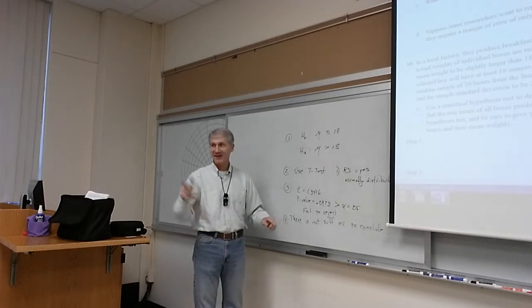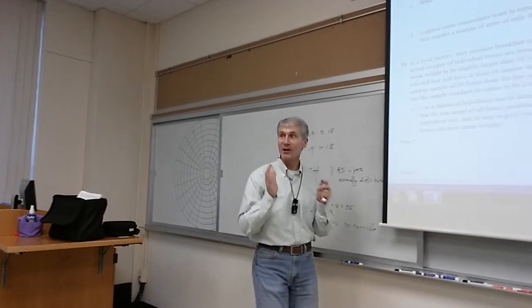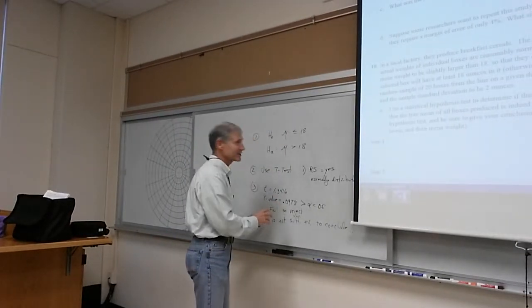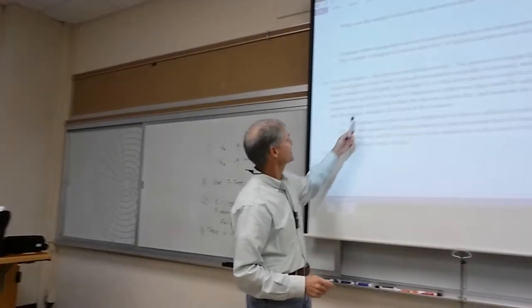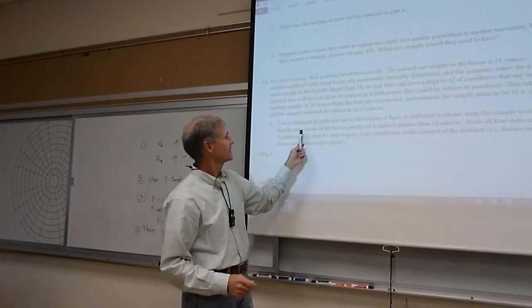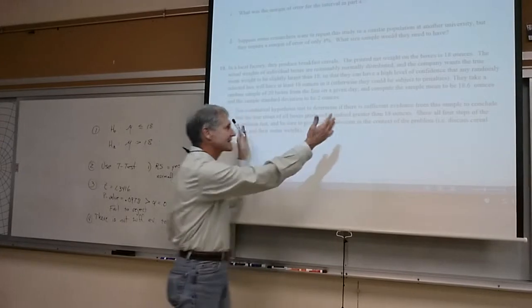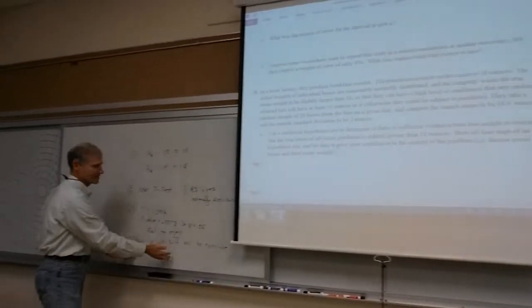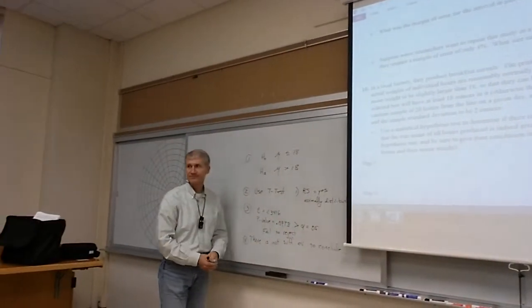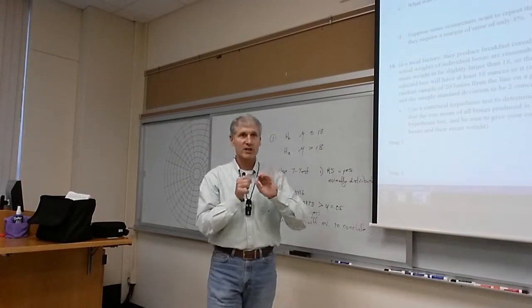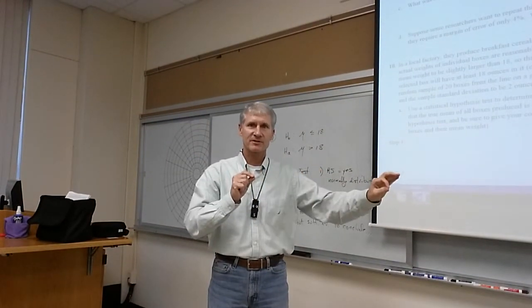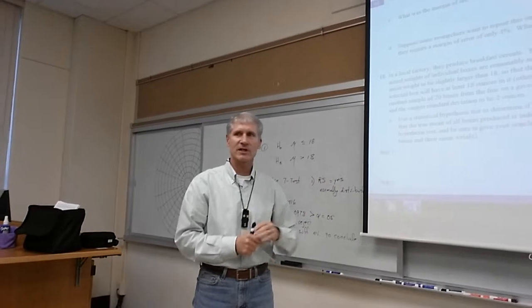Good. And I was watching your eyes, and that's what I want you to do. What she did was look up here and see what she was supposed to test. The true mean of all boxes produced is indeed greater than 18 ounces. That's the statement that should go down here. And you can just, right off of there, read the alternative hypothesis. That's the claim you're trying to test.